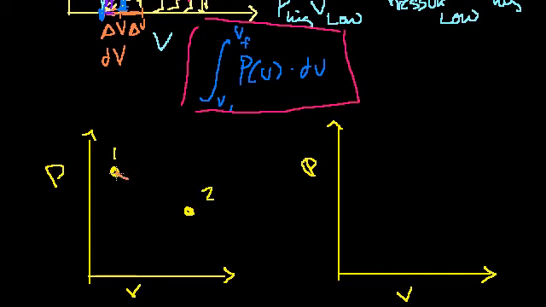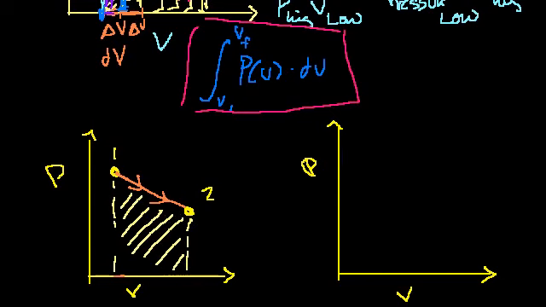So our system essentially pushed up on the piston, and it could be a curve or a line. I'm not going to get too particular right now, but it was going in this direction. And so we can say that the work done was the pressure times the increase in volume at any moment. So the work done was the area under this curve.